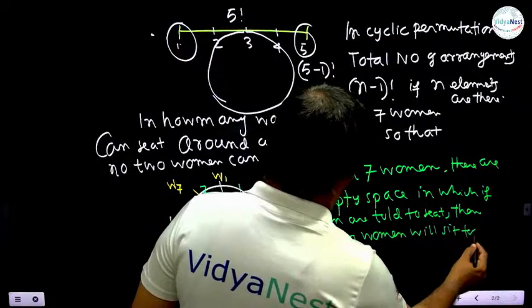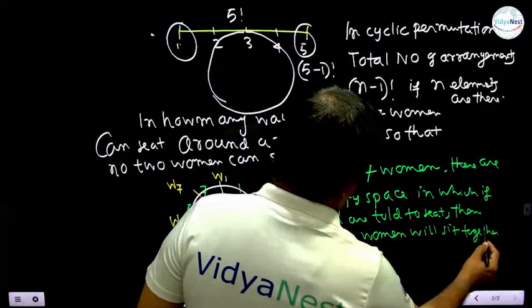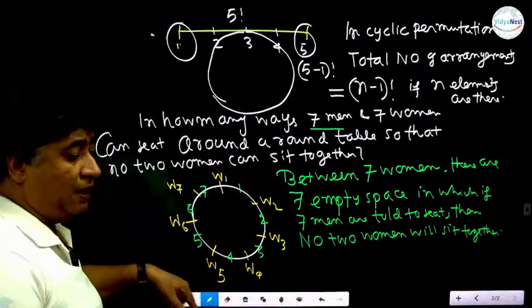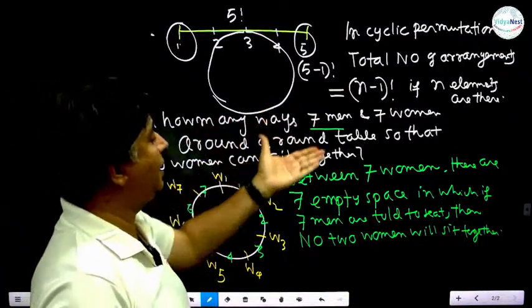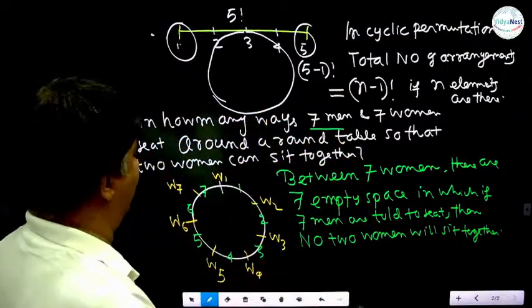So you have to follow that logic. Now in those 7 empty spaces, 7 men can be put in factorial 7 ways.